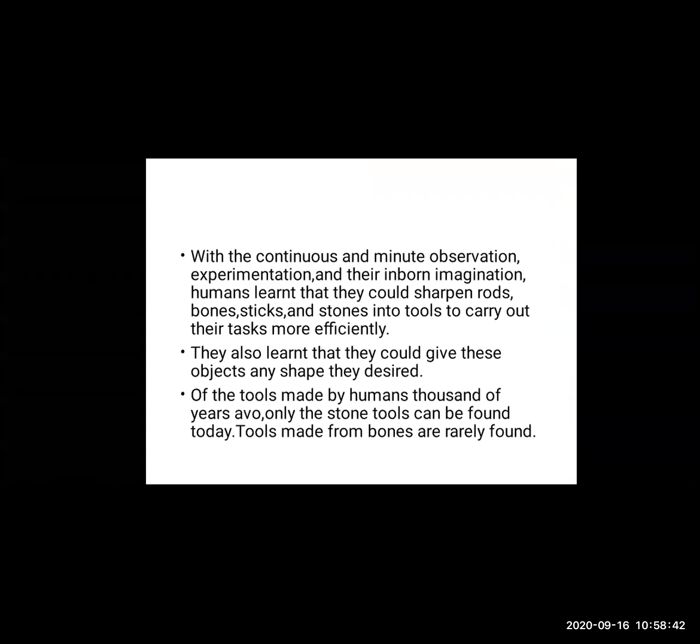You can do experiments, and with imagination and creativity, humans started to learn how to shape and sharpen rods and make different tools using bones, sticks, and stones, so that they could carry out different tasks.